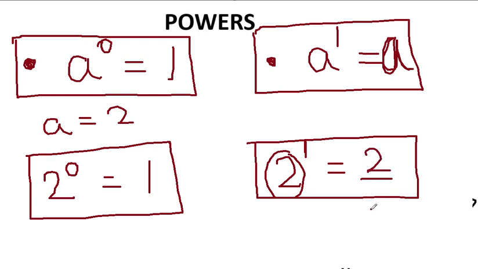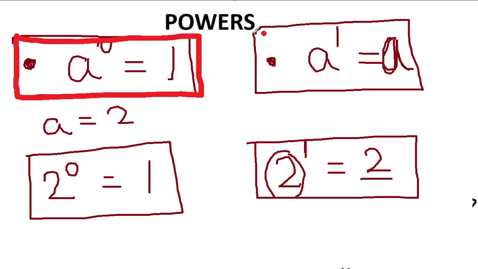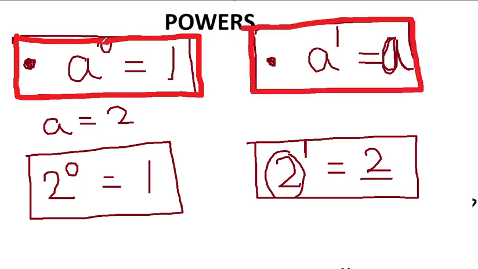So the answer is just 2. So these are the formulas that you should keep in mind. Let me mark those in red and make it a little bit bold. So this is the first formula that I have for you. And this is the second one. A raised to the power of 0 equals 1. A raised to the power of 1 equals A.